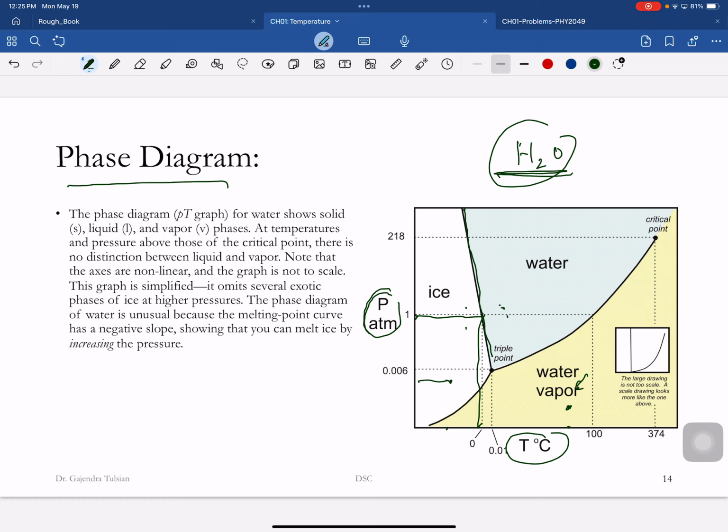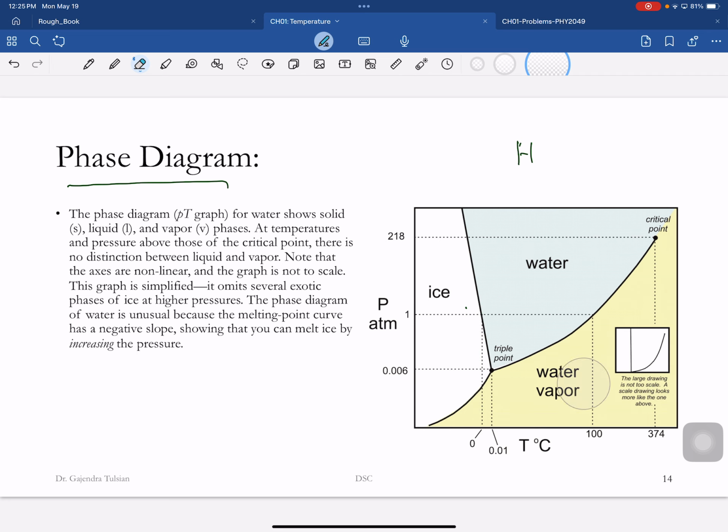All right, so this phase diagram gives you a lot of information. Here is the triple point. Along this line, solid and liquid can coexist. Along this line, liquid and vapor can coexist. Along this line, solid and vapor can coexist. So see, below this pressure, this is partial vapor pressure, you can't have liquid water.